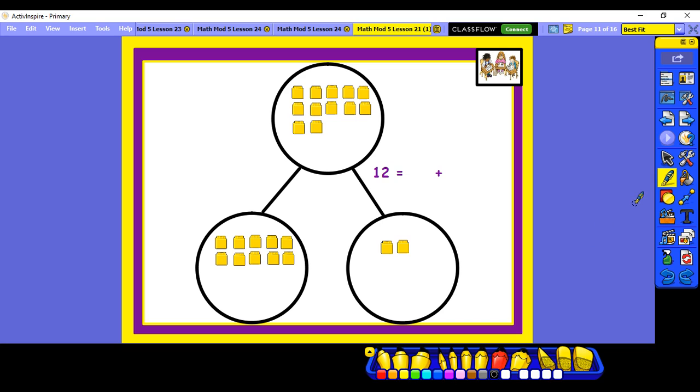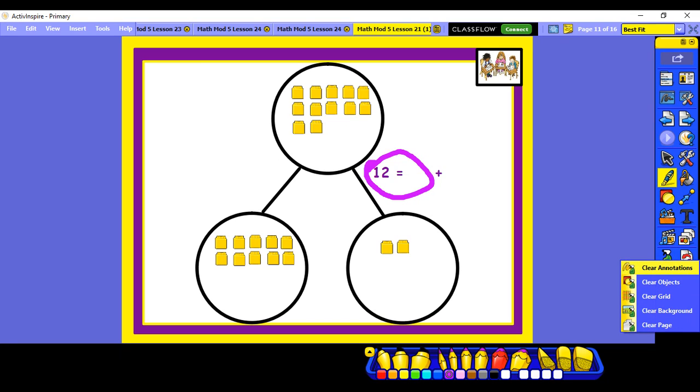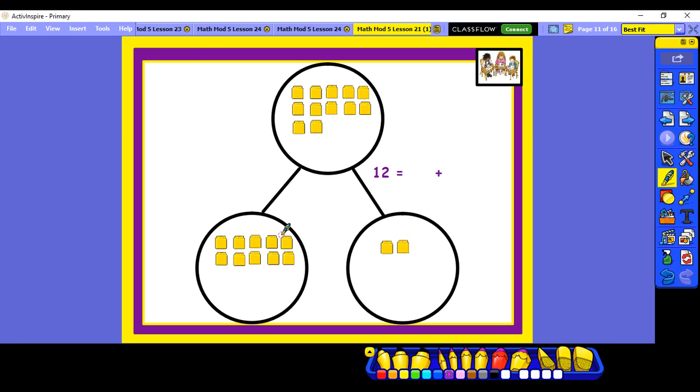Now I'm going to need to fill in my number sentence to match. I have 12 is the whole amount. What are my missing parts? One part comes from here. This is a group of 10.